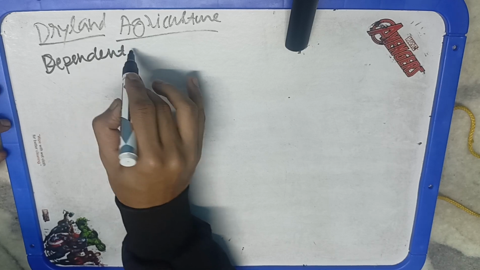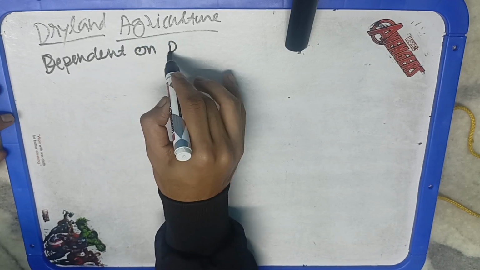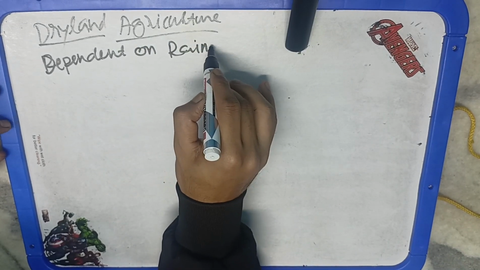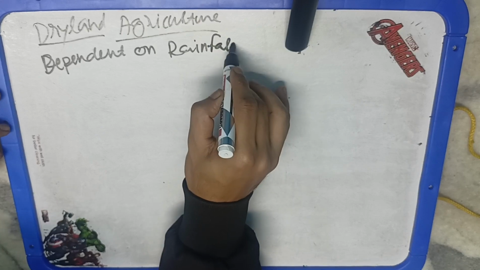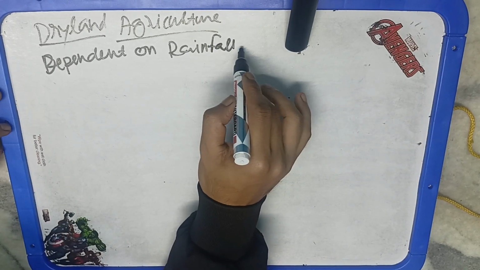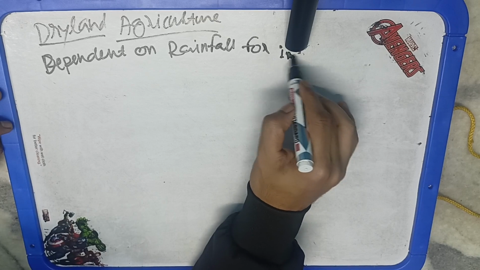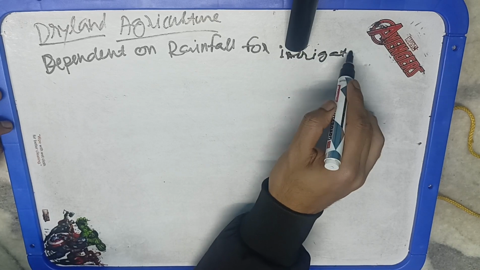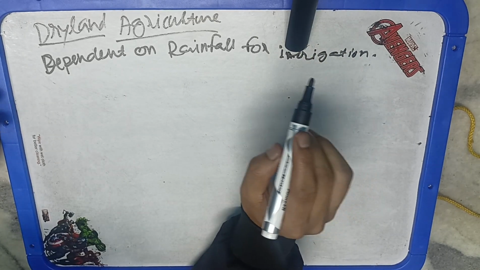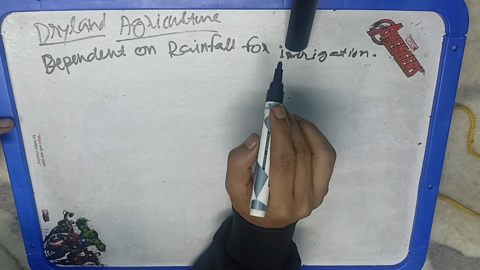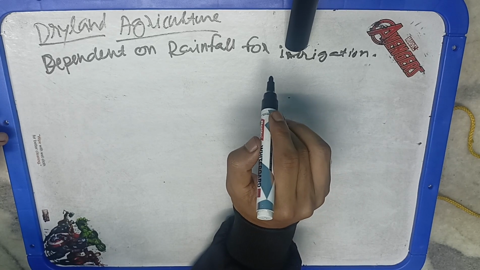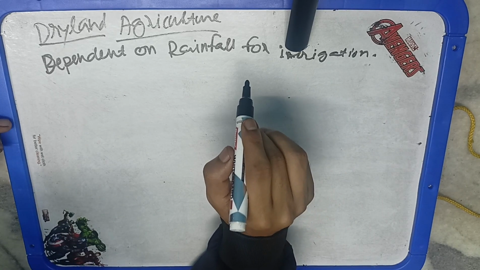But in MP or Rajasthan, in a few parts of those states, farmers are dependent on rains for irrigation. You can assume the maximum agricultural area in India is basically dryland agriculture. So dryland agriculture means dependency on rainfall for the water requirement of crop production.